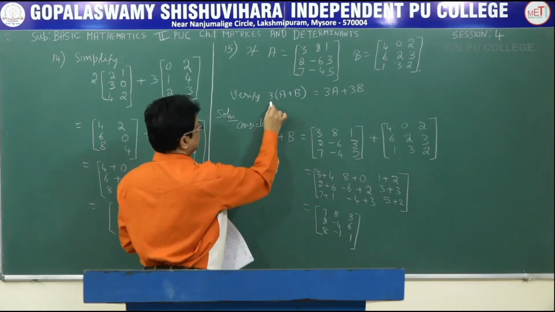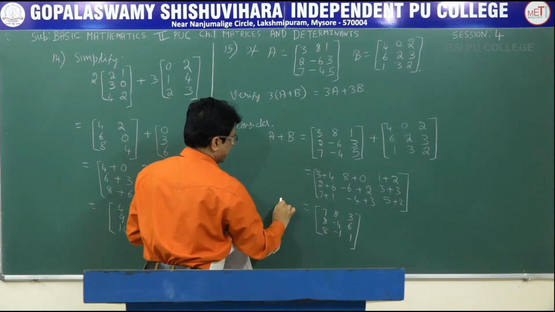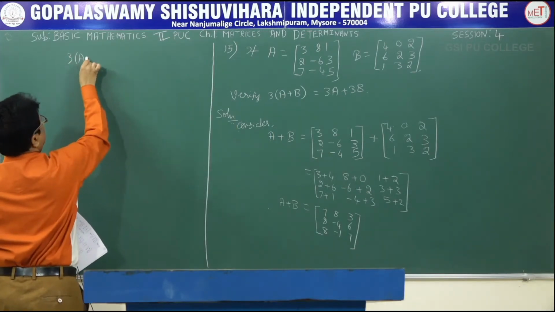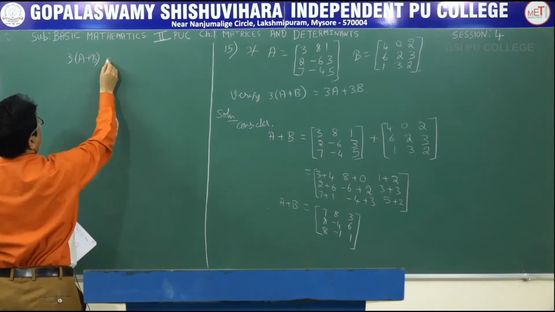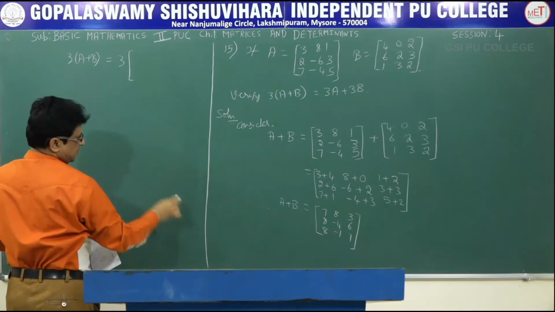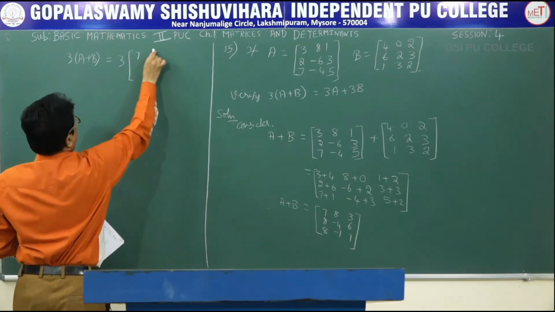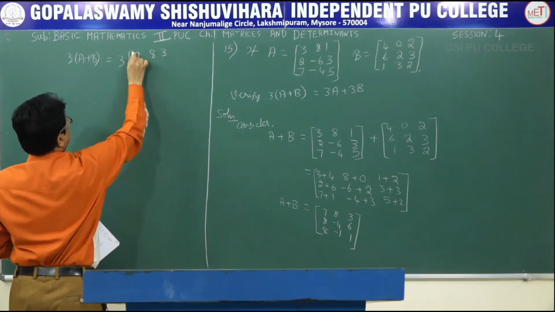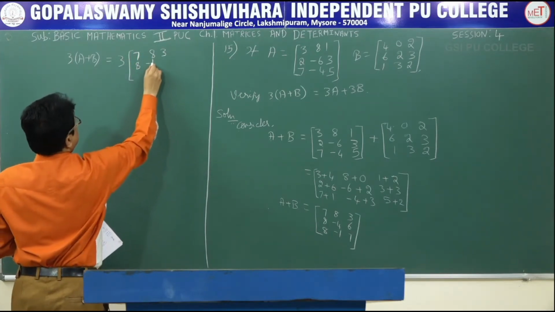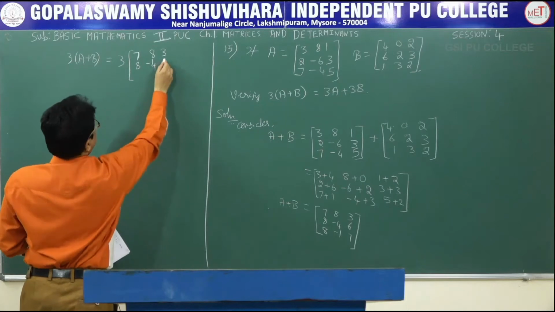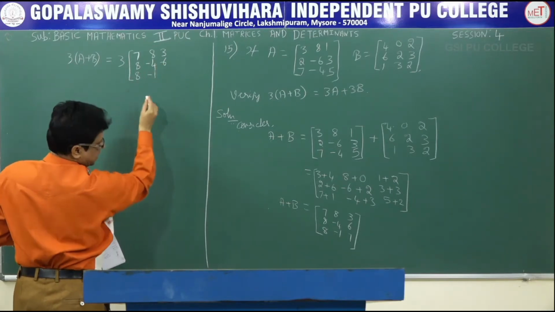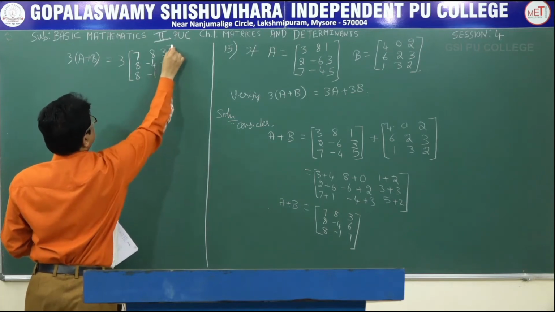Next we shall find 3 into (A plus B), which equals 3 times [7 8 3; 8 -4 6; 8 -1 7].